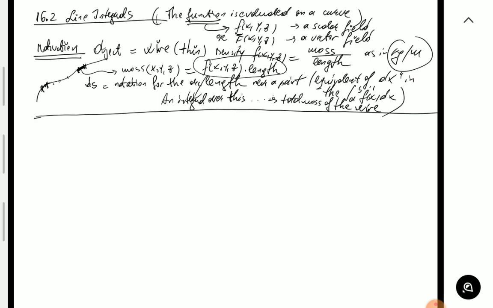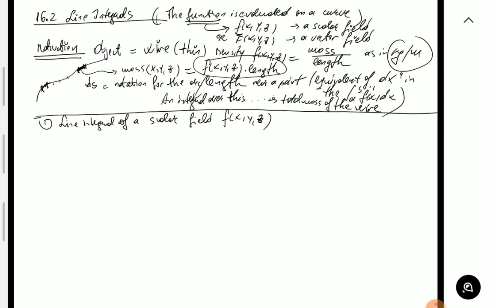So let's see how these line integrals are defined more formally. The first type again is the line integral of a scalar field. Let's write it in terms of f of x, y, z. Again, if it's in 2D, it's the same definition.